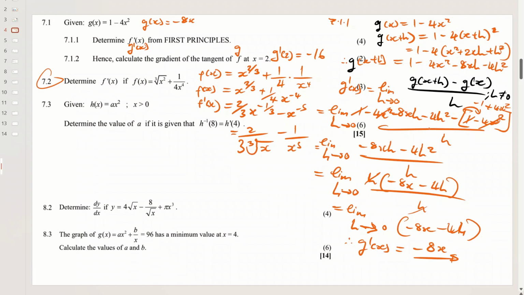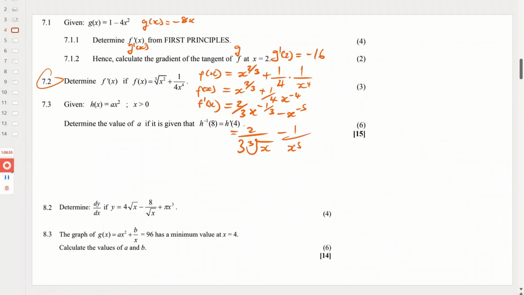So now I'm just going to erase this part here, for space. So now moving to the next question. This is 7.3. You see that we have a g of x. Determine the value of a, if it is given that this is not the derivative but the inverse. Once you have a negative 1 there, that's the inverse. You see, now this is an invisible 1.